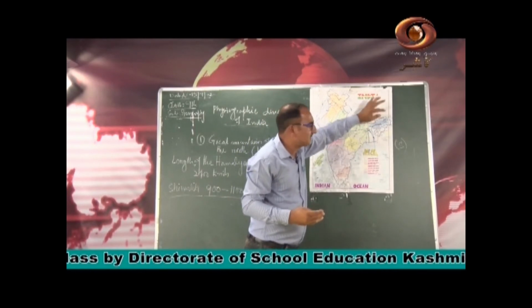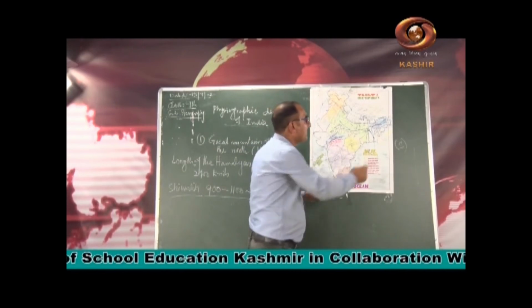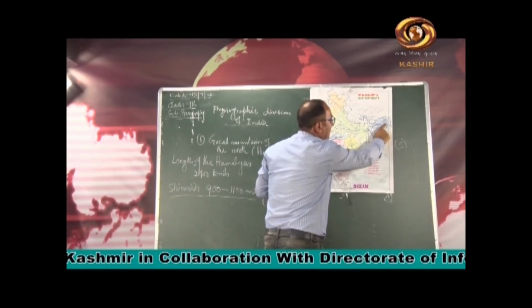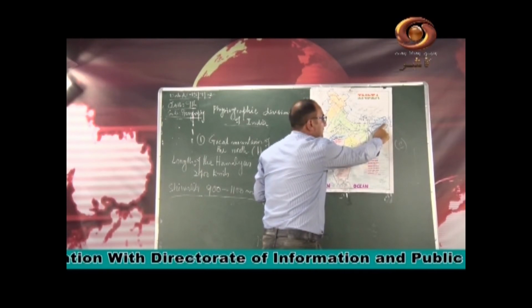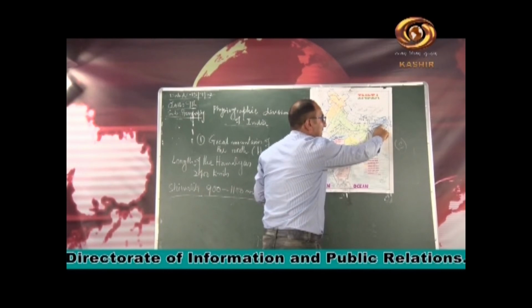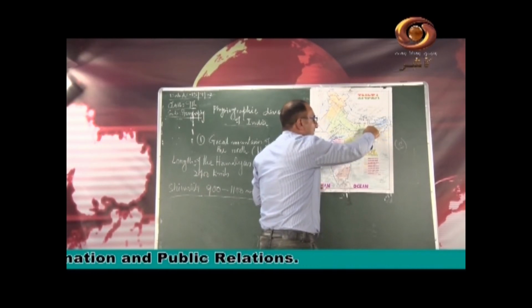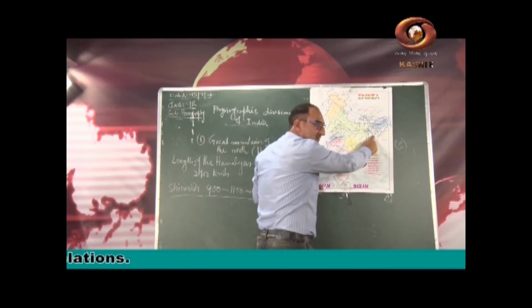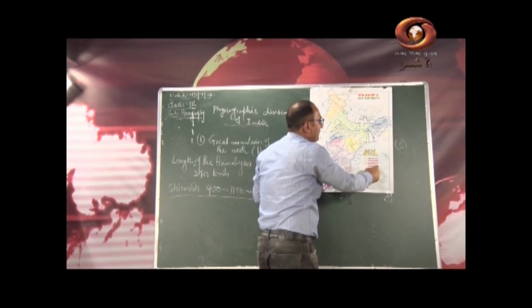Here the Brahmaputra is known as Dihang, and through Arunachal Pradesh it enters Assam, where the Dibang and Lohit rivers meet the Brahmaputra. The Brahmaputra flows through Assam, goes downwards and enters Bangladesh, the neighboring country of India, and through Bangladesh falls into the Bay of Bengal.